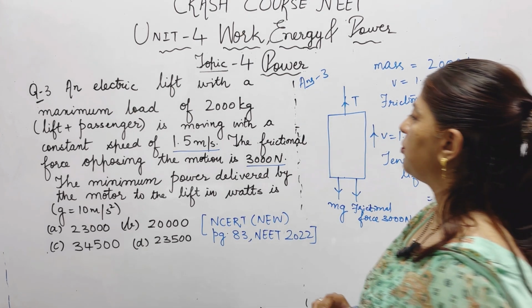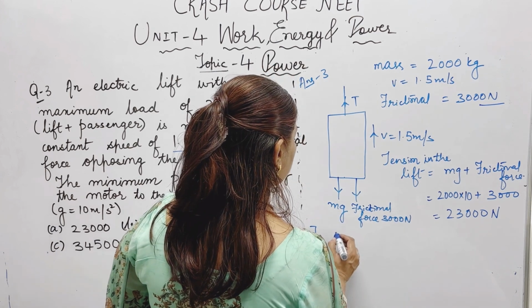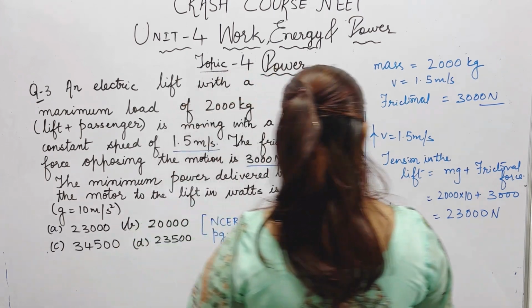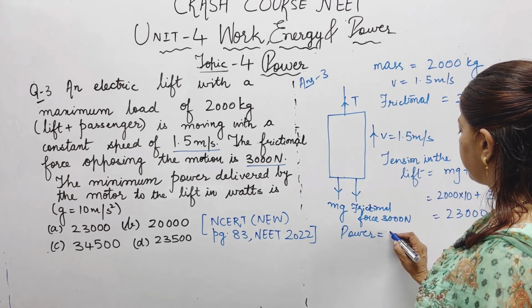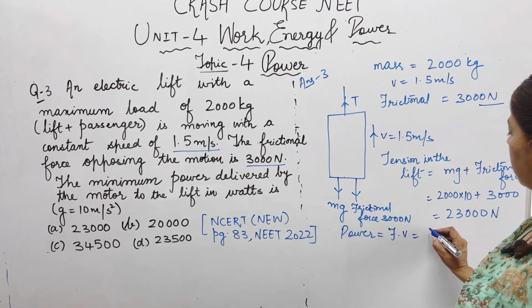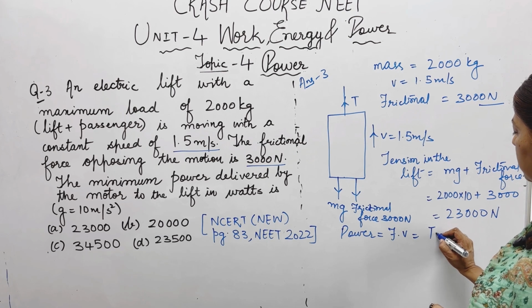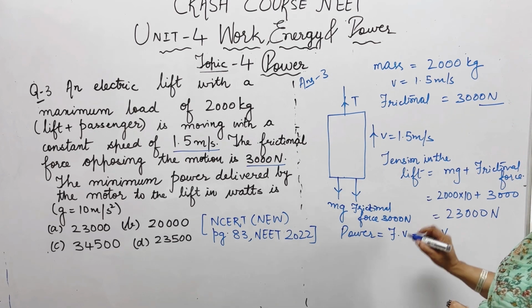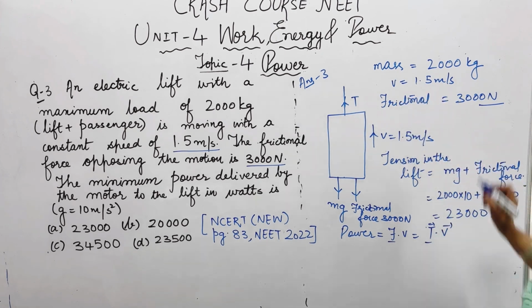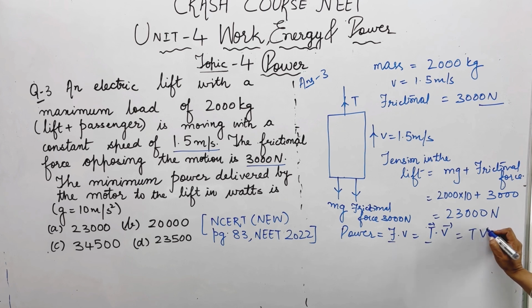And the minimum power. So we have got the formula of the power. This is force into velocity, F dot V, or it can be taken as tension in the string. The force and the tension here are same, times V. Both tension and the velocity are in the same direction. So cos 0 is 1.